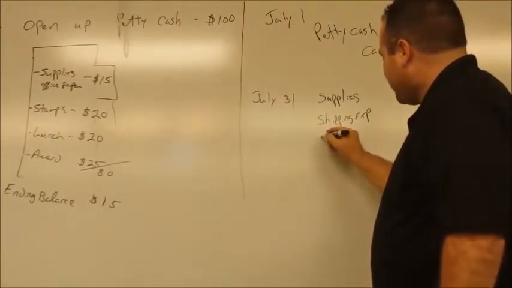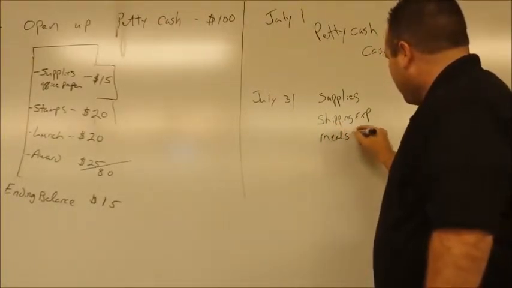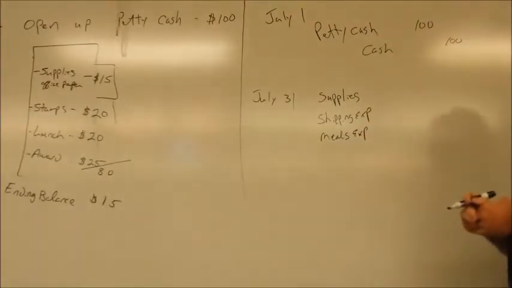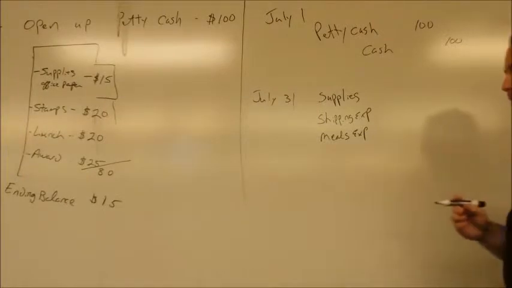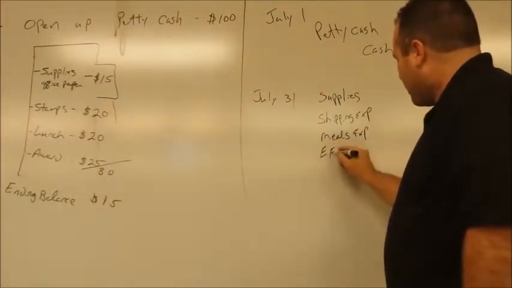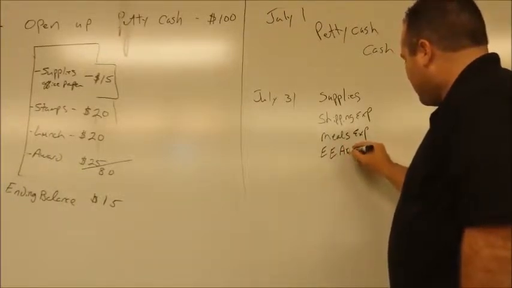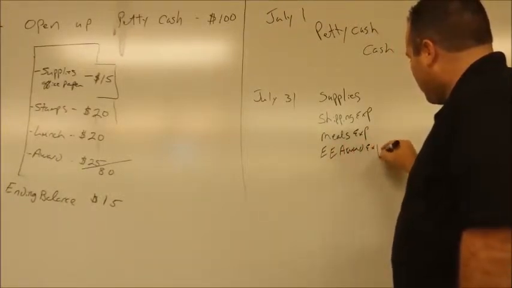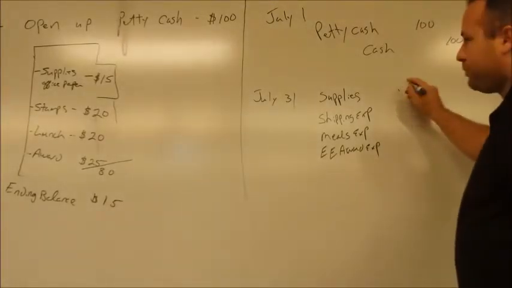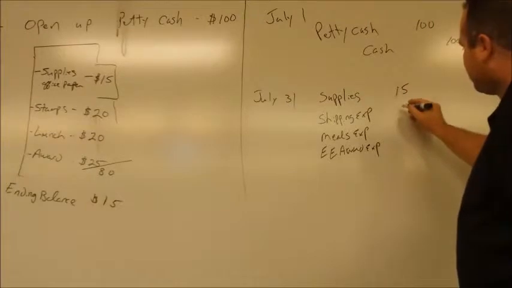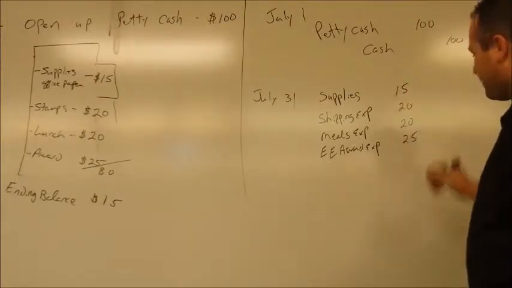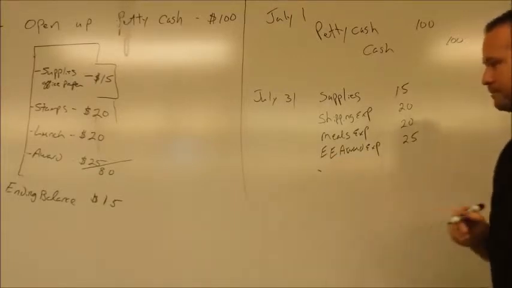Let's call this meals. Maybe we had to take our client out. Who knows? Meals expense, because you do have that every once in a while. And then an employee award. We're going to add that to that expense. And we're going to simply just go through and list these. $20, $20, 25. Skip a line.